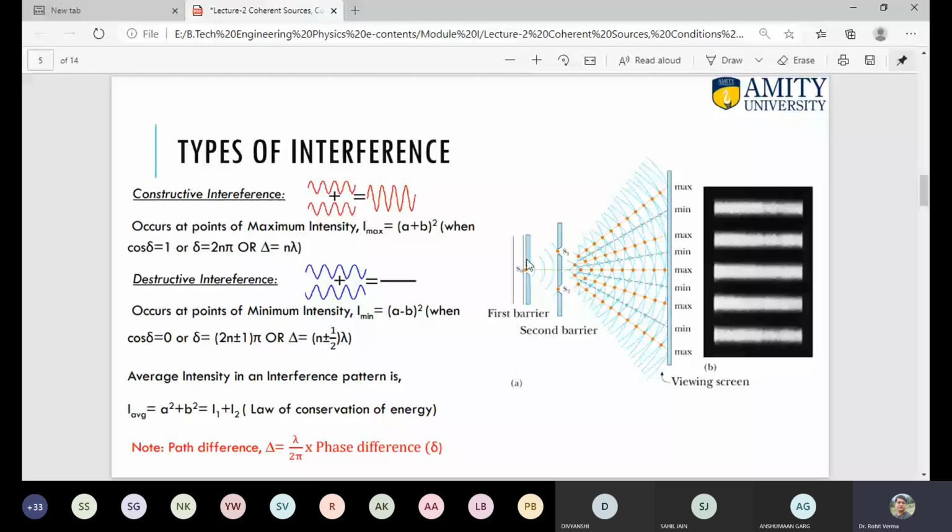And you know that if you join all those points which are at the same state of vibration, which are at the same distance from their mean position of vibrations, then what you get? You get the wave front. So wave front is the locus of all those points which are vibrating in the same phase.